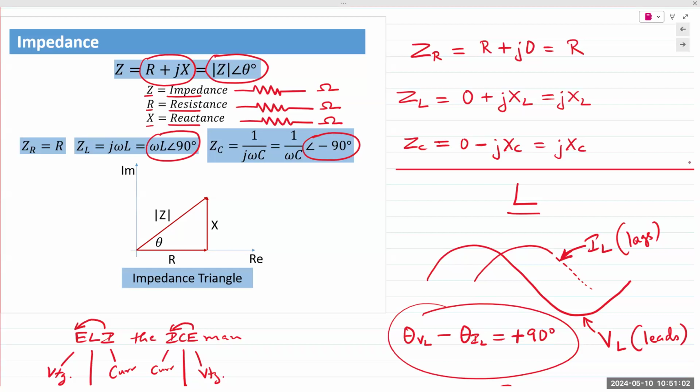The voltage and current for inductor L2 will also always be plus 90 apart. But the voltage for inductor L1 and the current for L2 may or may not be 90 apart, because it's two separate components. So it depends on the circuit configuration in that case. If it's the same component, then yes. If it's two separate components, then maybe not.